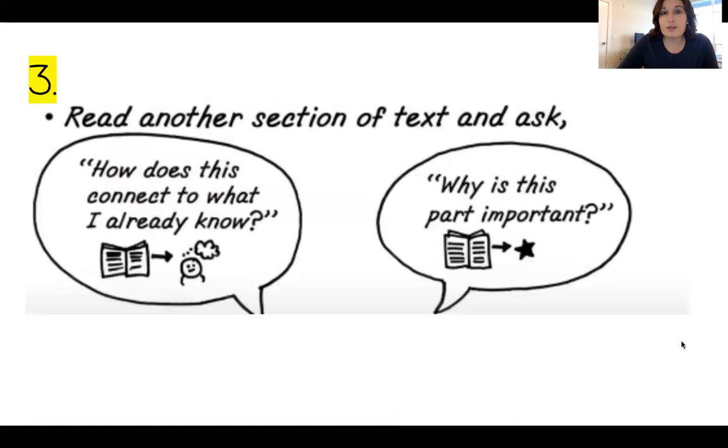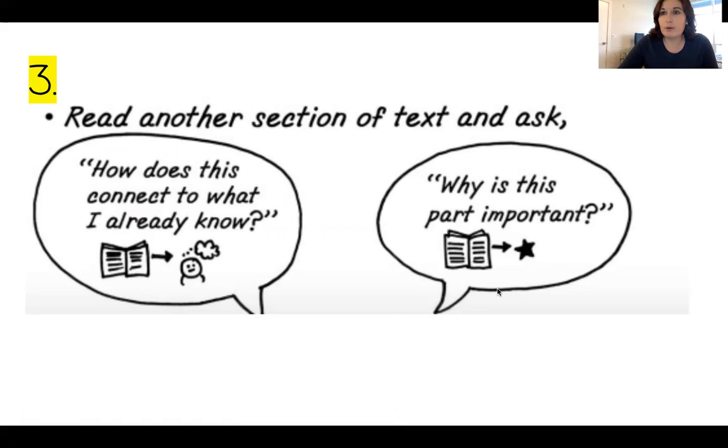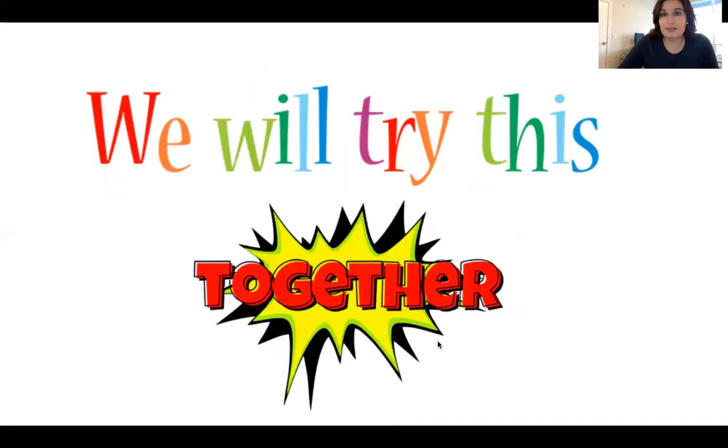And 3, read another section of text and ask, how does this connect to what I already know? And why is this part important? Now we're going to try this together.